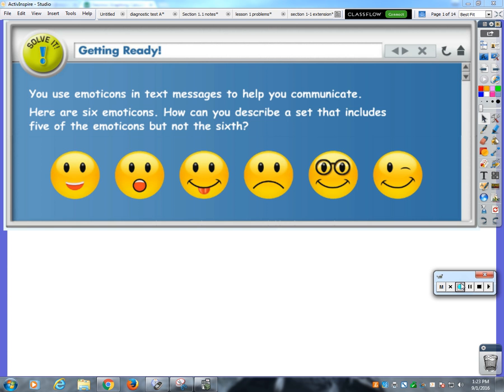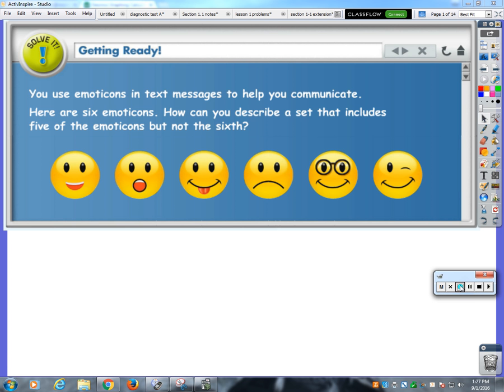It doesn't really matter. So see how many different ways you can come up with a description of those smiley face things that would include 5 of them, but not a 6th one. Go.